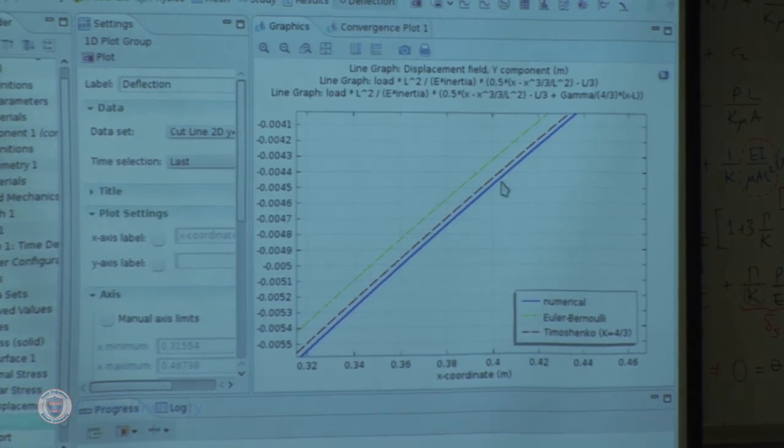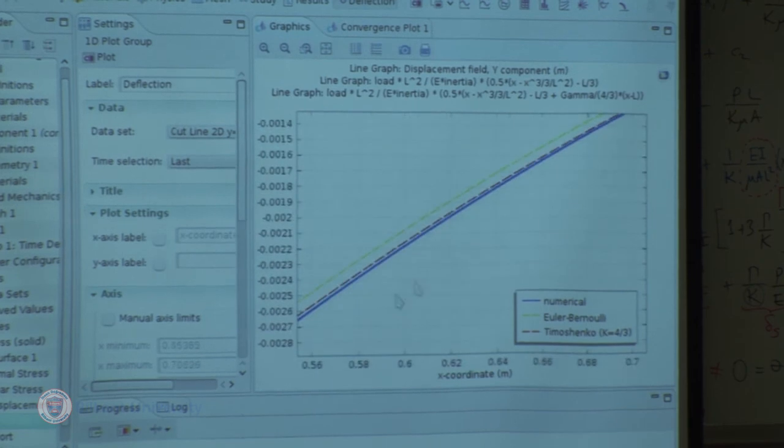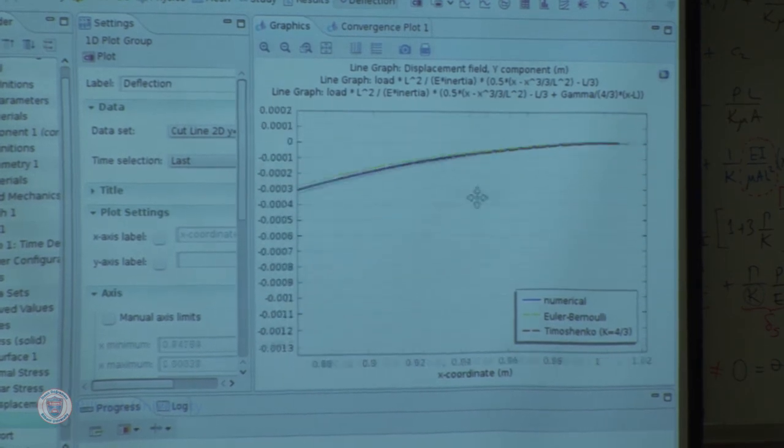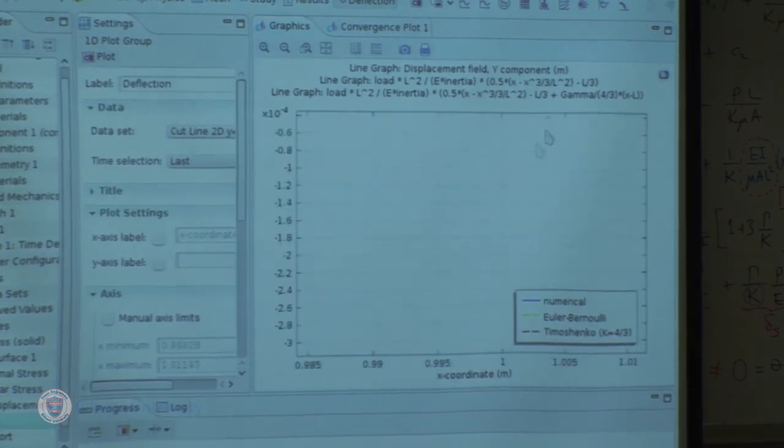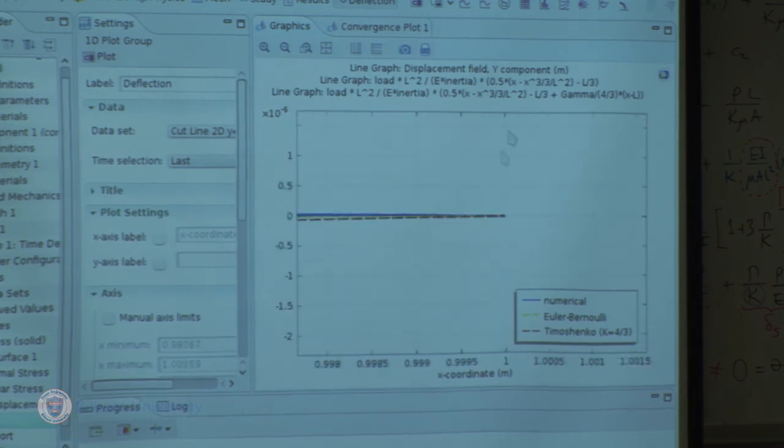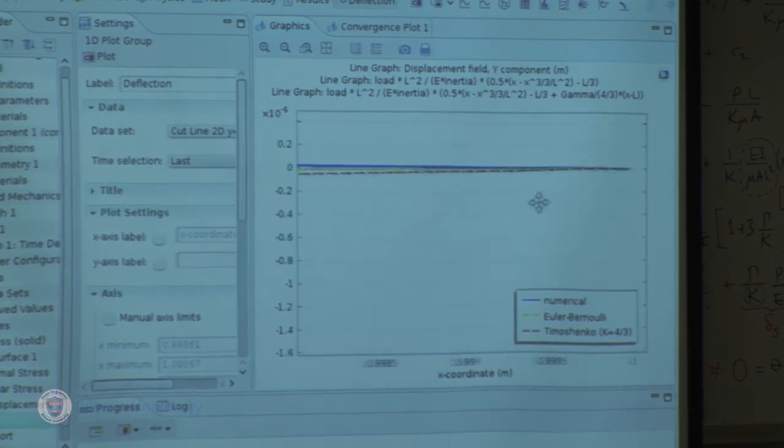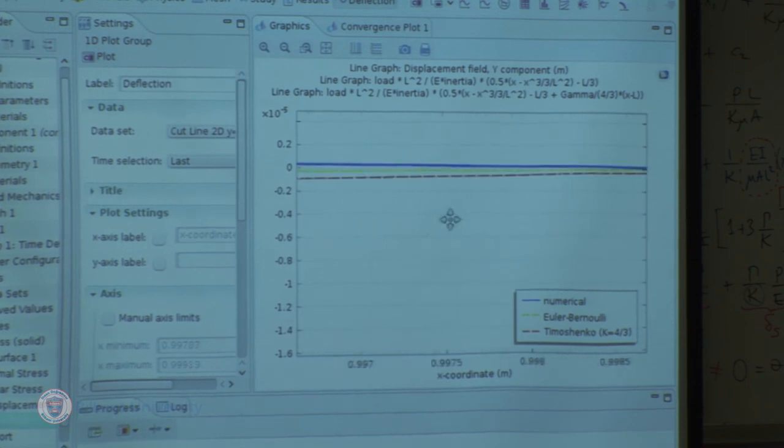Okay? So now, here the height is already very small, but if I eventually zoom in a lot, okay, this is as much as I can do.